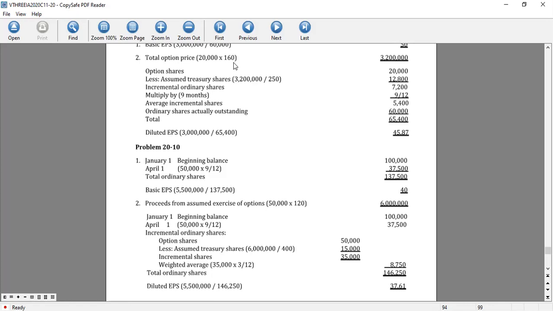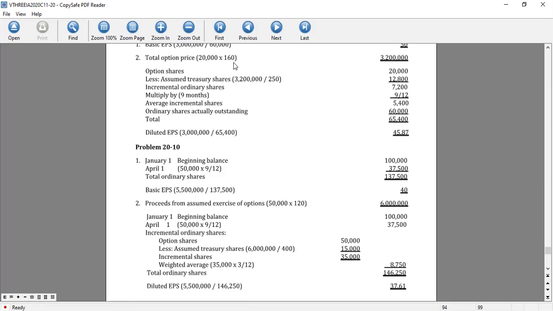We deduct the assumed treasury shares of 6 million divided by 400. So the assumed treasury shares, we have now 6 million based on our ordinary share capital.